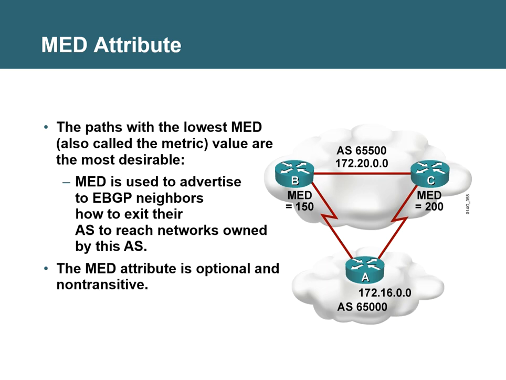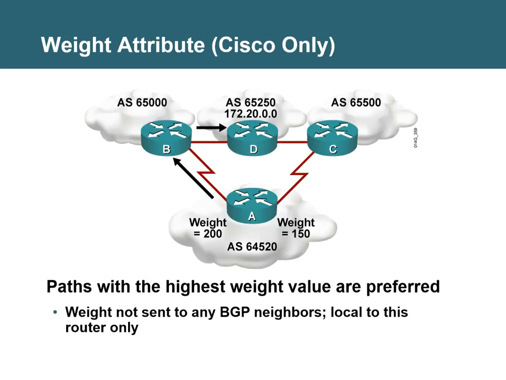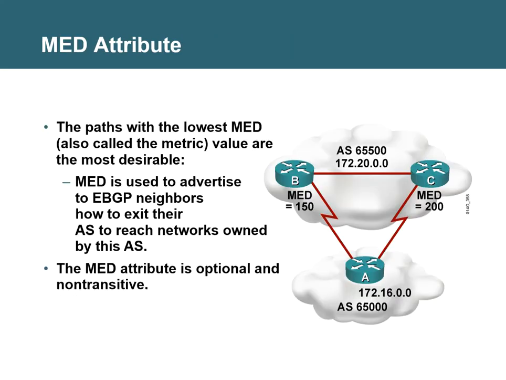See, this is attribute number 6 actually. Attribute number 6 prefers lowest MED. Only when there is a tie in the above 5, it will come to lowest MED. So now we are not focusing on the order sequence. I'm just telling you where it is, but we are trying to understand what this MED is.